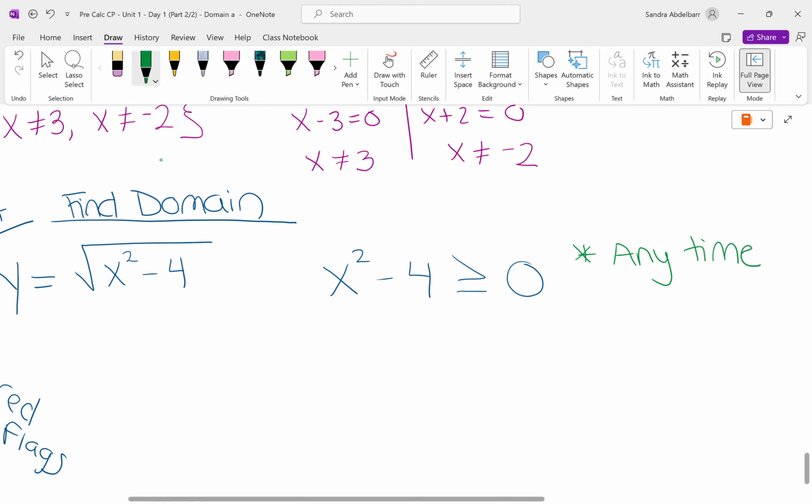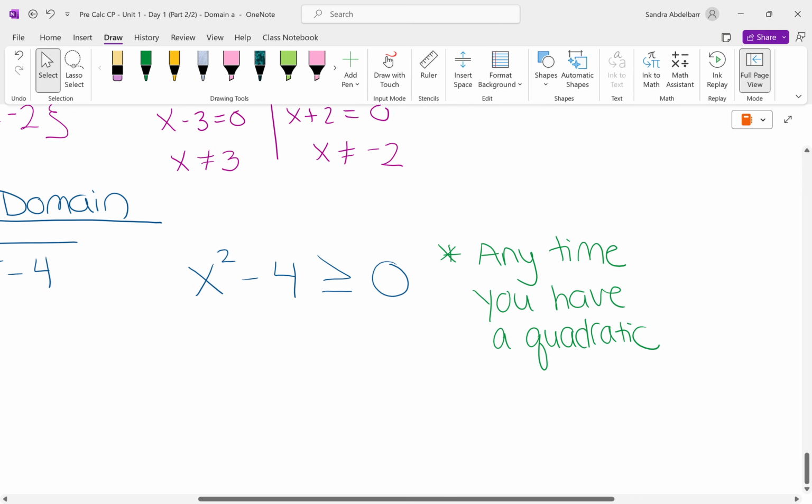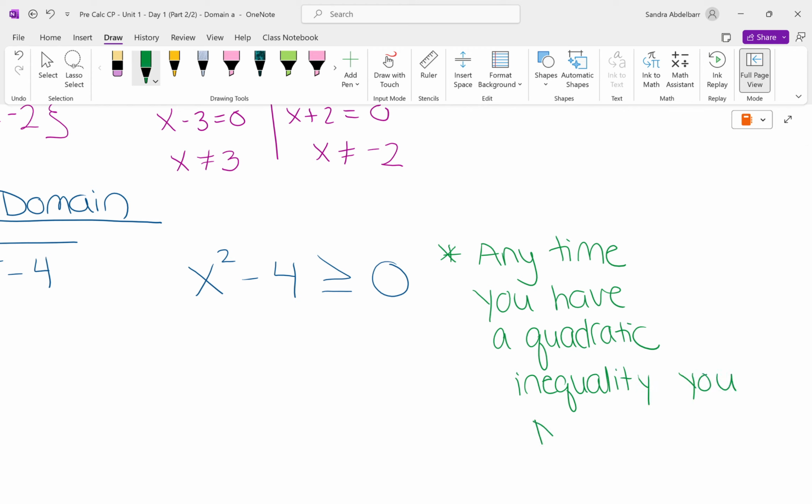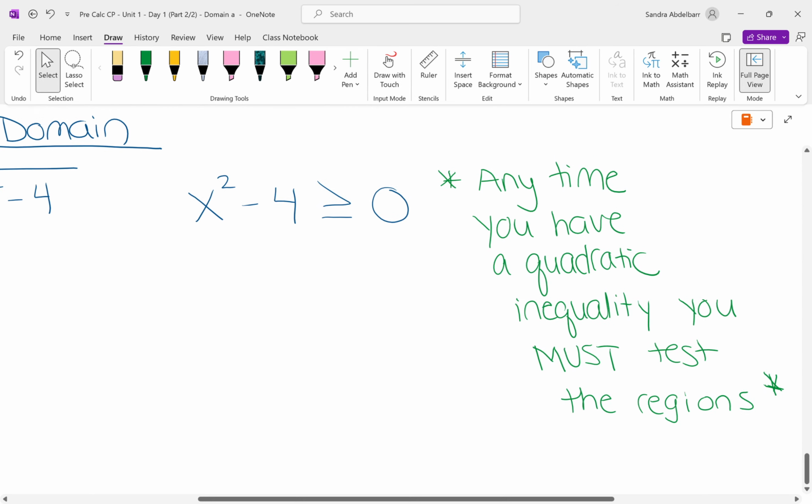Anytime you have a quadratic inequality, you must test the regions. And I'm going to explain to you what that means. Anytime you have a quadratic inequality, you must test the regions.